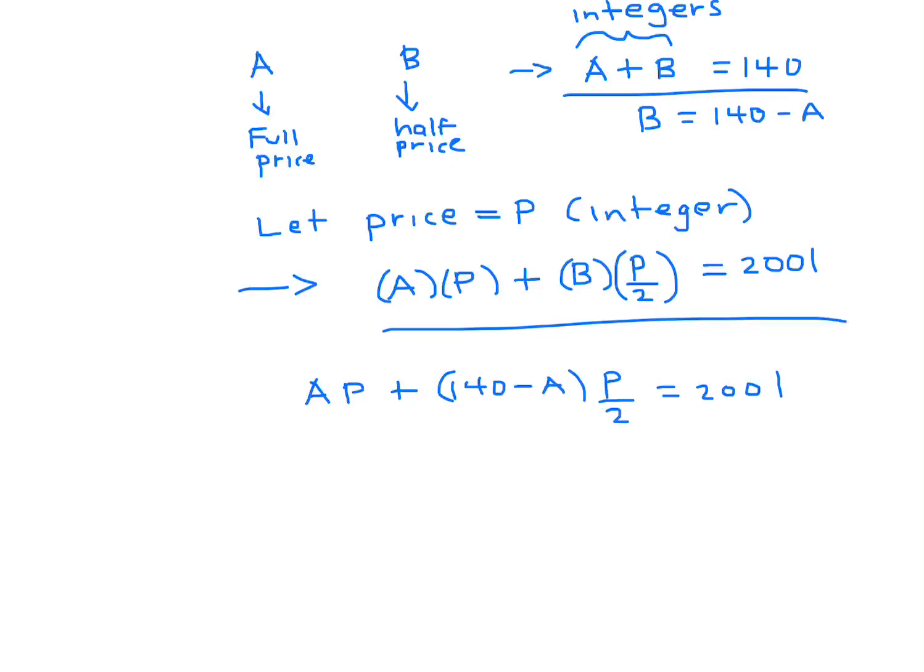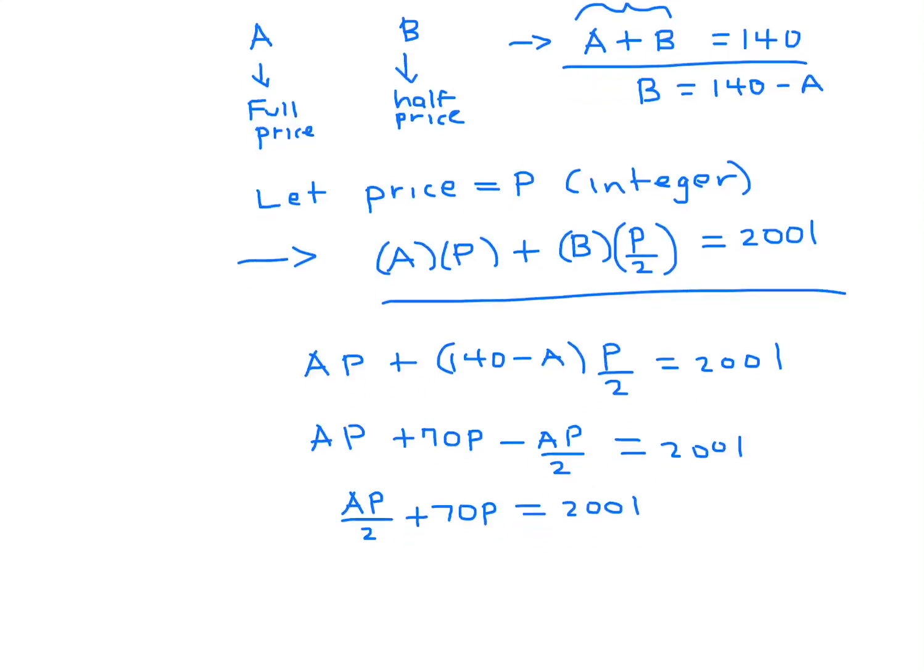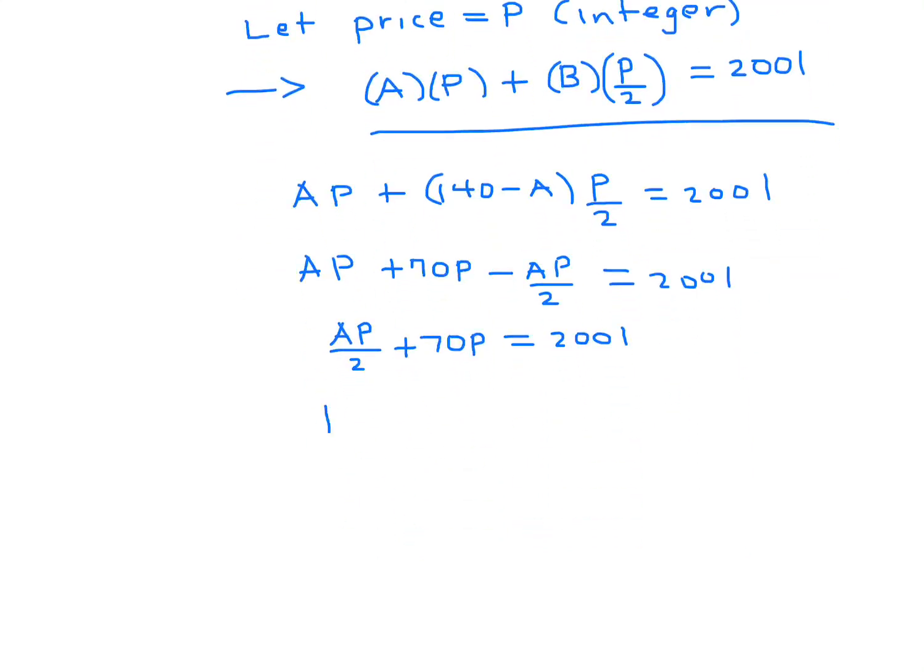So we have AP plus 70P minus AP over 2 is 2001. And this looks like AP over 2 plus 70P is 2001. We can probably factor out a P here. That gives us P times (A over 2 plus 70) is 2001.